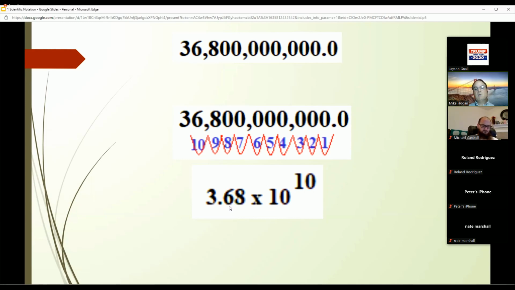It's just how precise I want to be. But if I'm moving it all the way to here, starting here, it's just a matter of counting, right? 1, 2, 3, 4, 5, 6, 7, 8, 9, 10. So 3.68 times 10 to the 10th. Moved it 10 places.